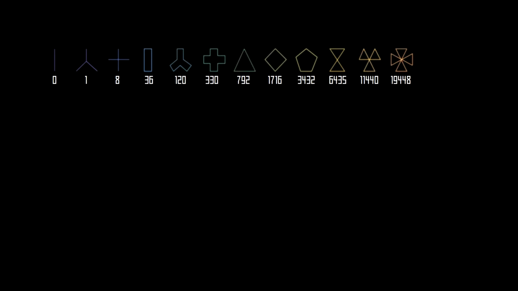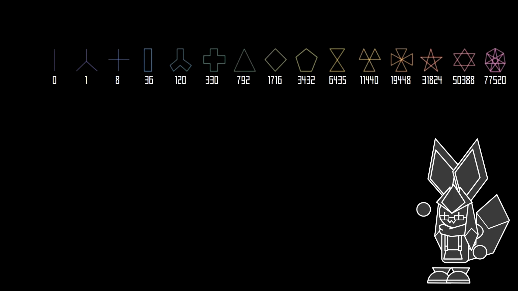The bolded plus shape with 330, the triangle with 792, the diamond with 1716, the pentagon with 3432, the hourglass with 6435, the 3 triangle with 11440, the 4 triangle with 19,448, the 5-point star with 31,824, the 6-point star with 50,388, and finally, the heptagram with 77,520. Whew, but why such random numbers?